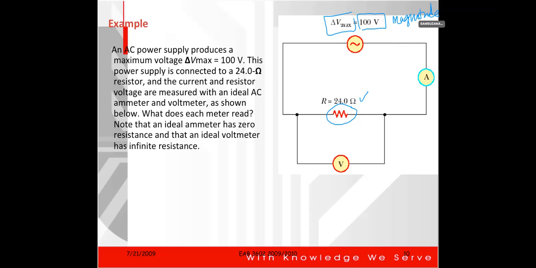Okay, so you put an ammeter here, so you nak tahu berapakah I, and then you put voltmeter here to know what is the voltage. Delta VR lah. Basically, you nak tahu berapakah delta VR dekat sini, dekat R.